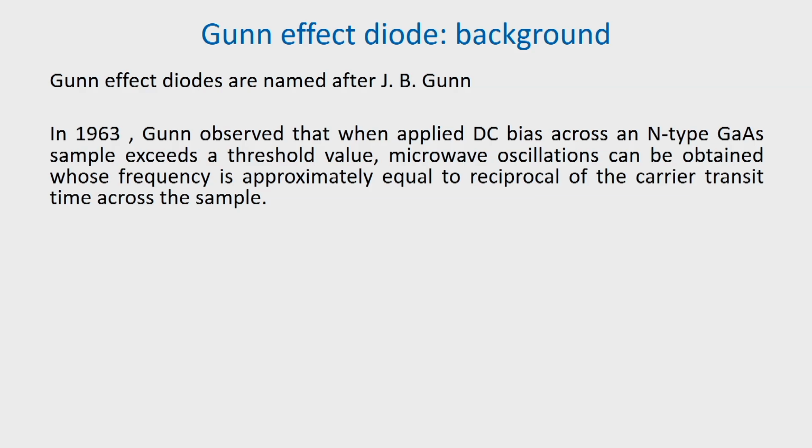In 1963, Gunn observed that when applied DC bias across an n-type gallium arsenide sample exceeds a threshold value, microwave oscillations can be obtained whose frequency is approximately equal to the reciprocal of the carrier transit time across the sample. So, this was the experimental observation.